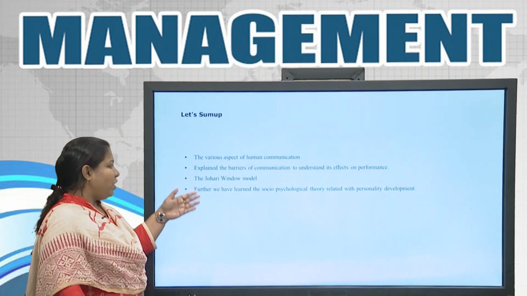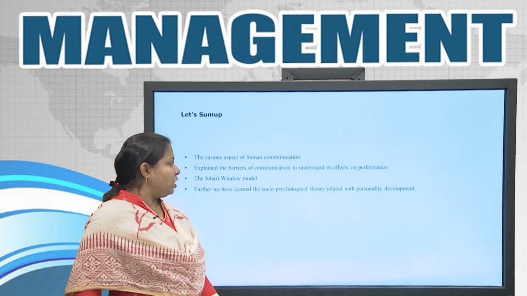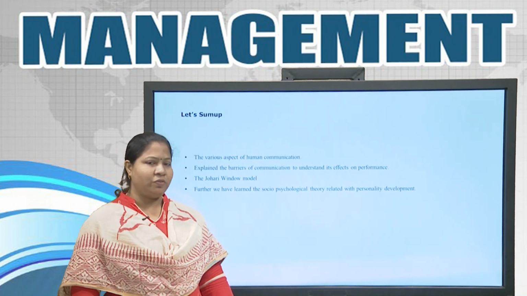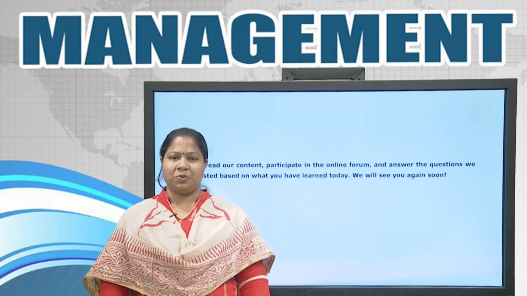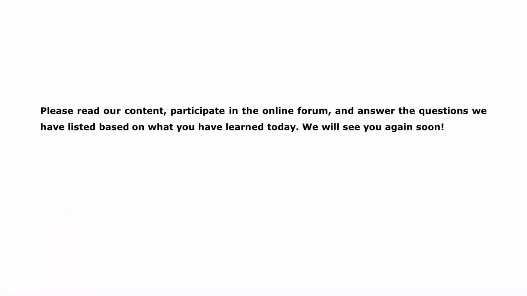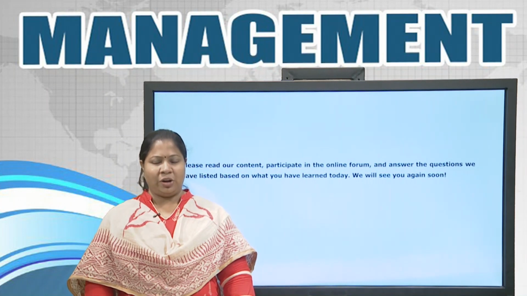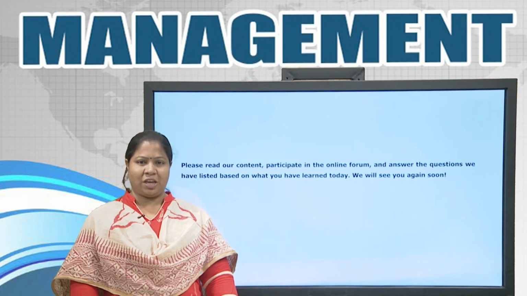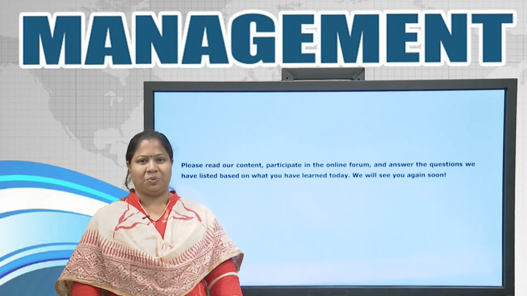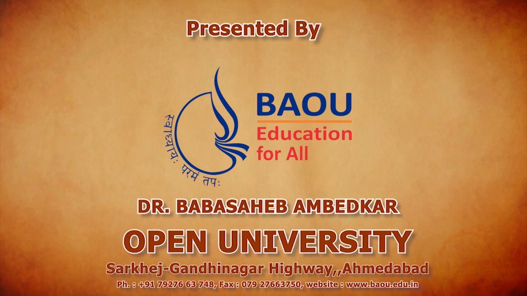Lastly, we have learned the socio-psychological theory related to personality development. Herewith, we come to the end of our session. Please read our online content and answer the questions based on what we have studied today. Thank you.